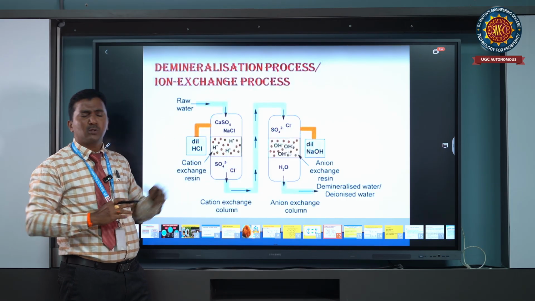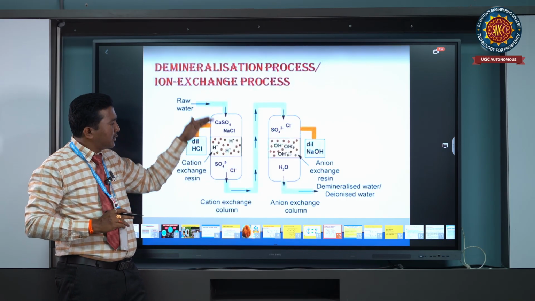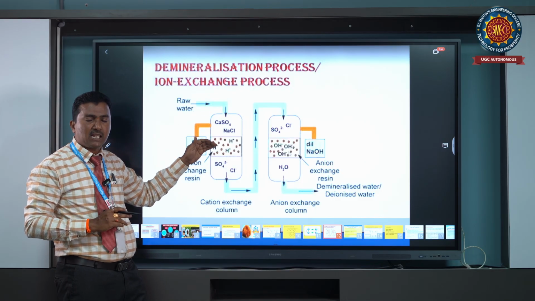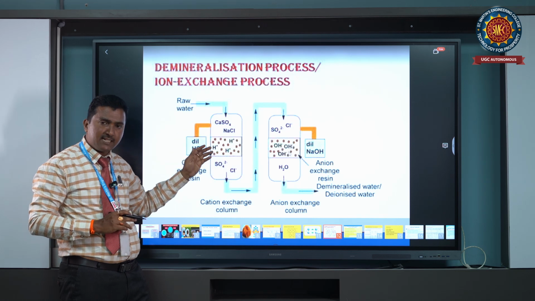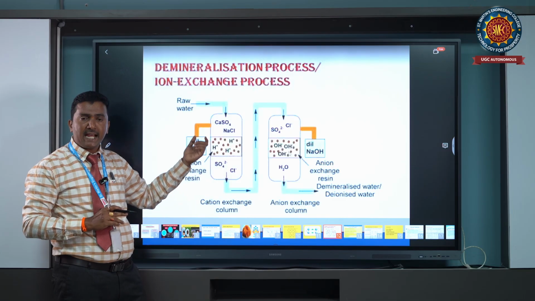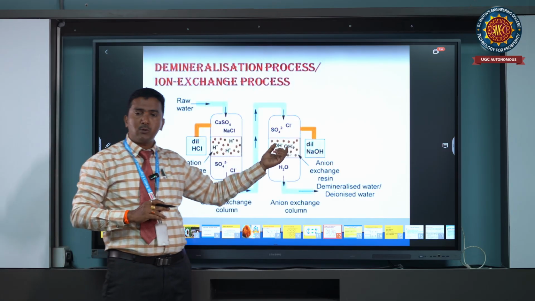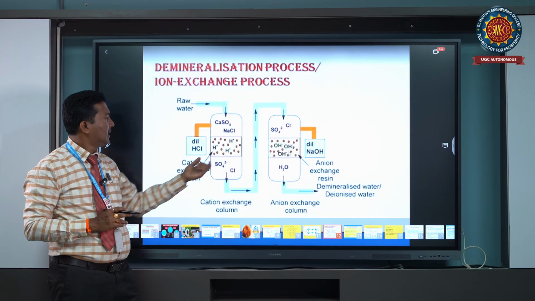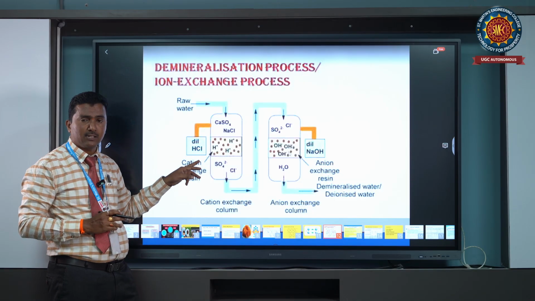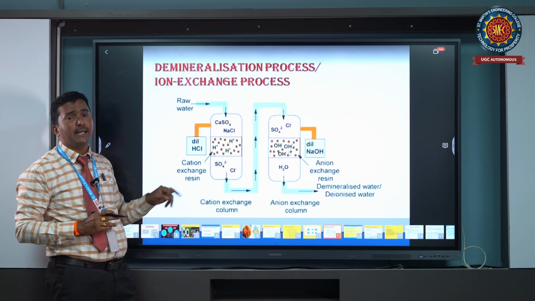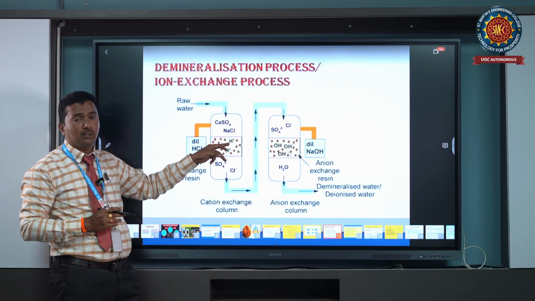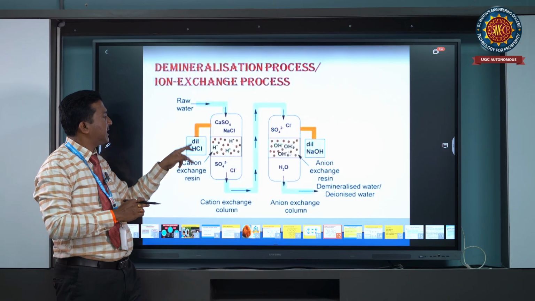After that, the process continues. Continuously the cations in the water are absorbed on the surface of the cation exchange reagent and the anions on the anion exchange reagent, and continuously they get deactivated. But how do we activate them? On the left side, we have to pass HCl solution. In the HCl solution, the chloride ions are replaced by calcium, and the resin forms RH.